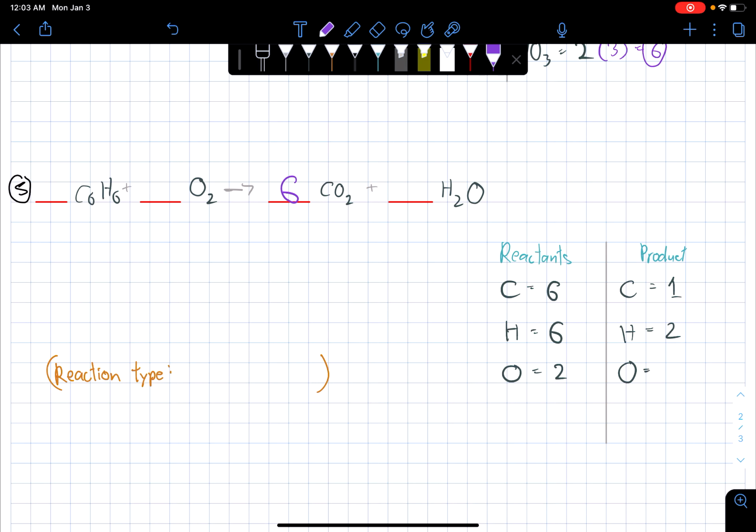So we place 6 there at carbon dioxide. 6 and 1, so 6 times 1 is 6. Carbon is now equal with the reactant side. So for O sub 2, we get 12. Then for hydrogen, if you multiply this with 3, we get 6.